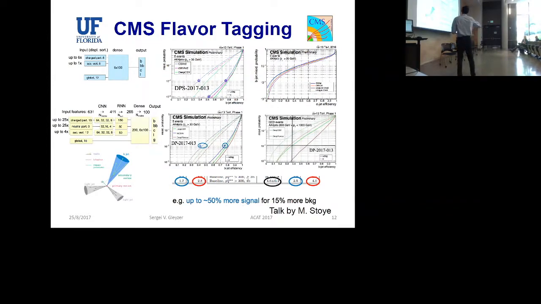So you see significant improvements, especially in places like high momentum, where you have some issues, and it really outperforms not just the traditional B-tagging. It actually outperforms other variants of machine learning. So this is a very interesting result on application of deep learning to this particular problem. And again, this is starting to be used in real analysis with good impact. So this is a nice result from CMS, made public, I think, for the first time officially.